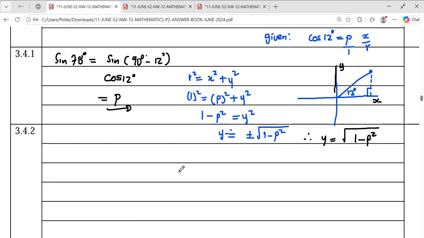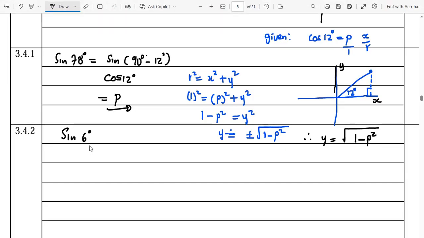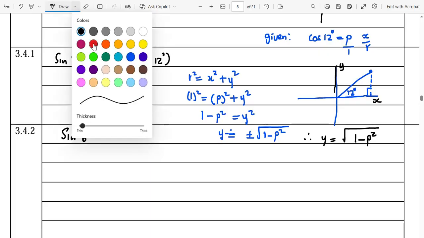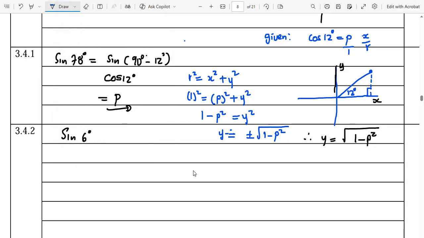Sine 6. Okay, so if I have the sine of 6 degrees, how can I create the sine 6 without making a mess? Let's think about this now. So I think what I'm going to do, look at this.